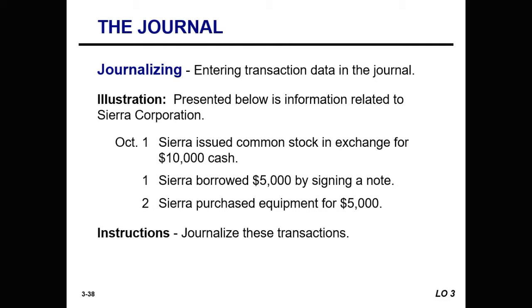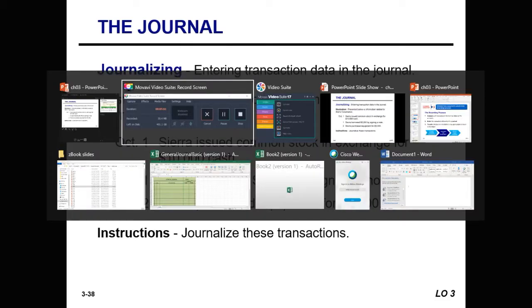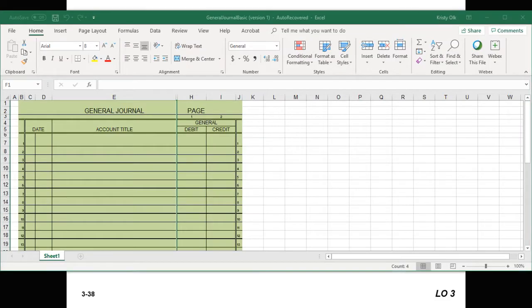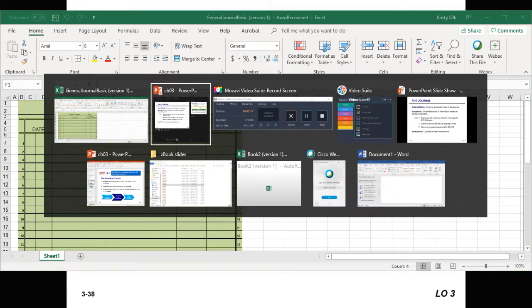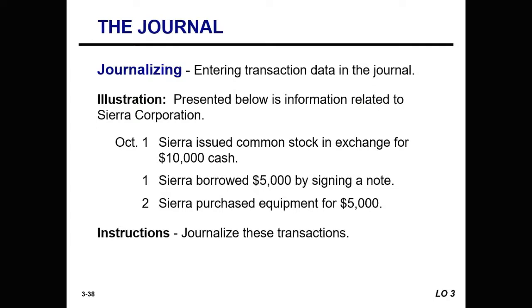You can also find in many locations online Excel tabs or Excel templates that represent the visual representation of the general journal. This is what general journals actually looked like back in the day when we used real books to record all of the entries.